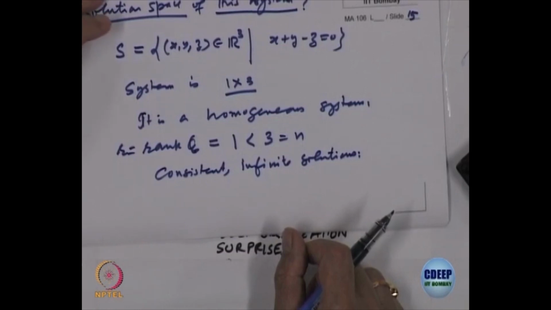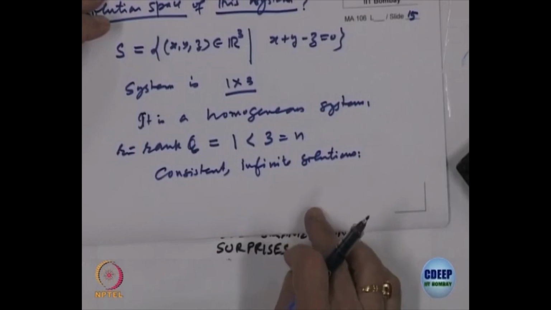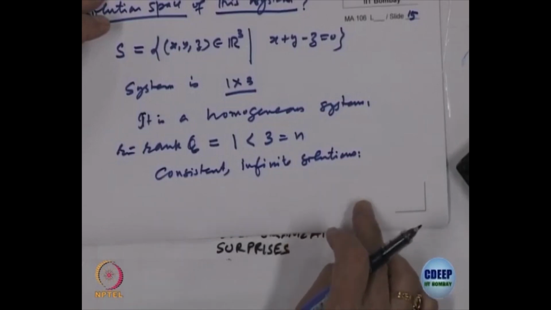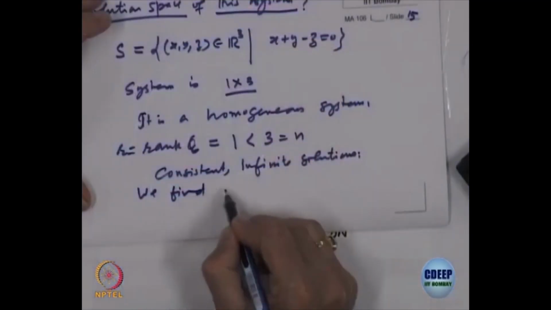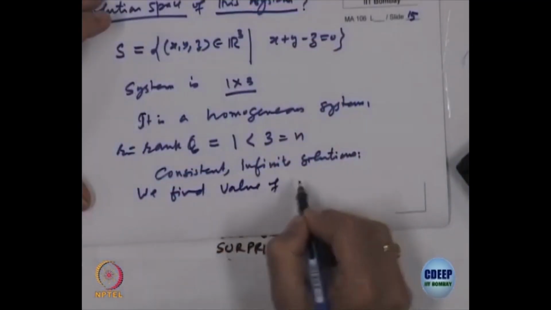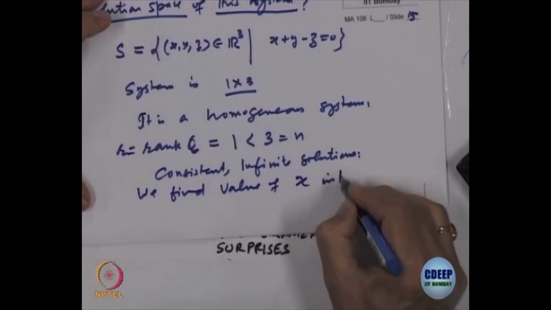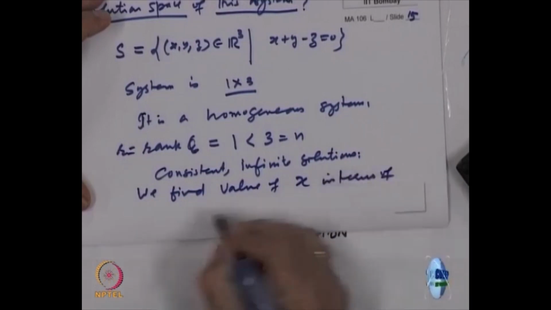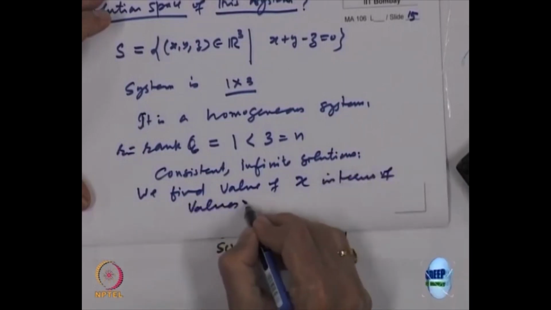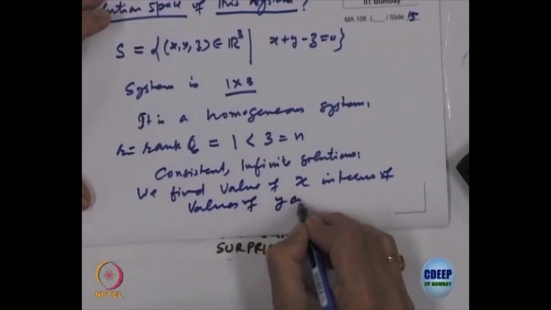The pivotal variable is x, right, the pivot comes in the very first stage. So, the value of x should be found in terms of the values of y and z.